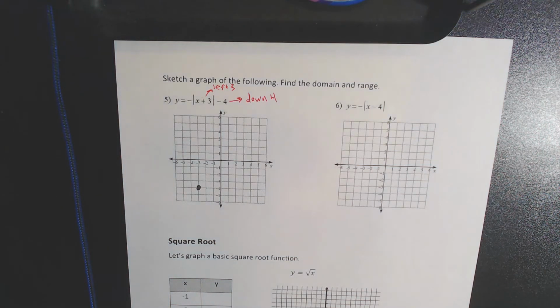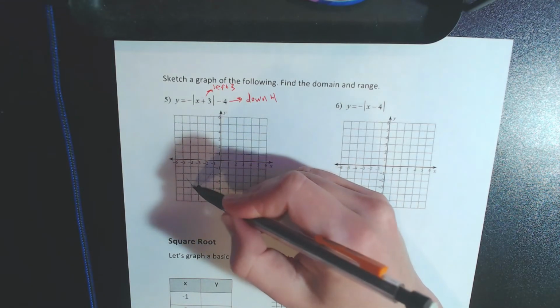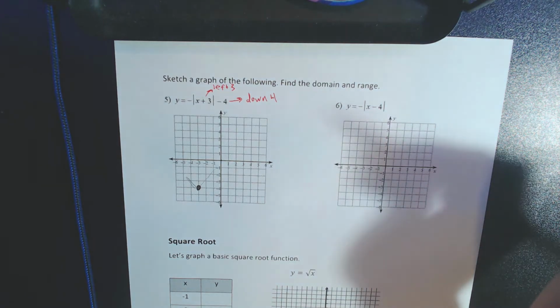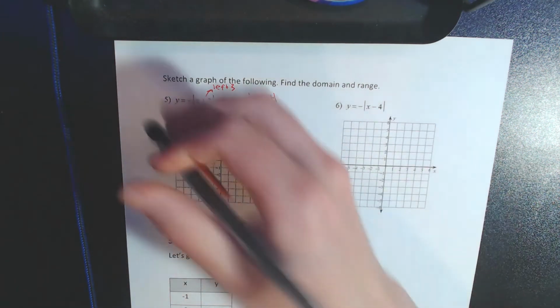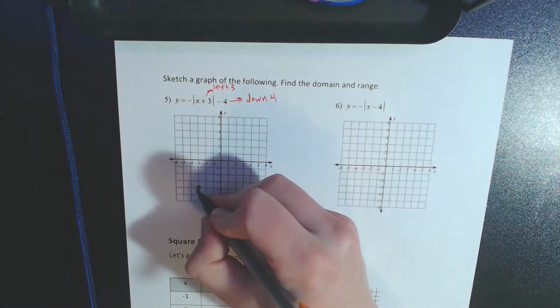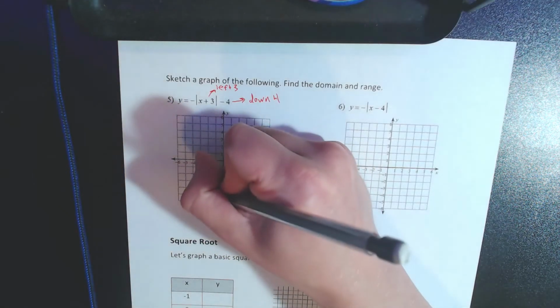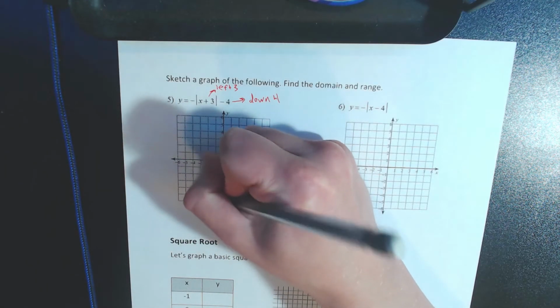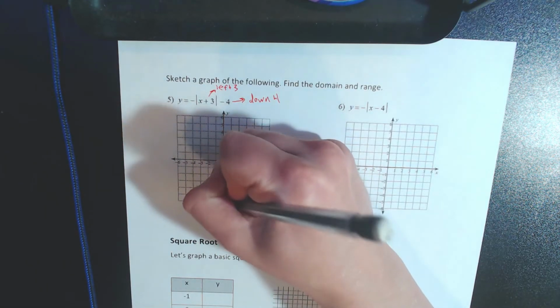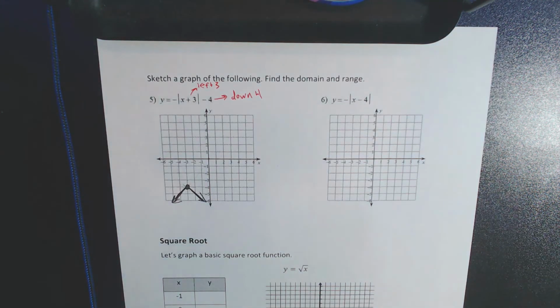It's just now, instead of having the V shape up like this, we want it to go upside down, right? We want it to be a downwards facing V. So it's going to go more like this. And it is going to go over 1, down 1 on both sides of the vertex. Okay, so that would be your graph on this one.